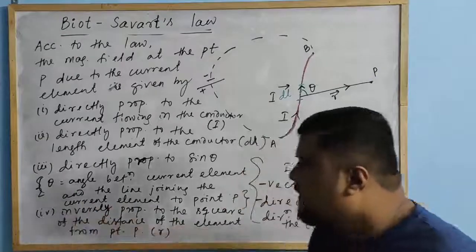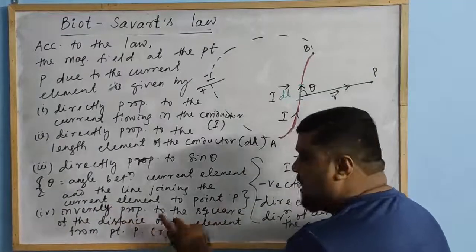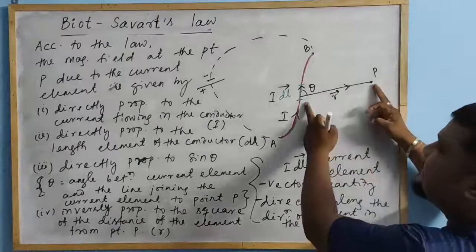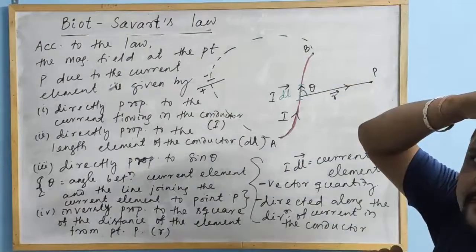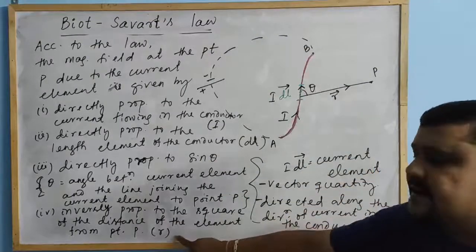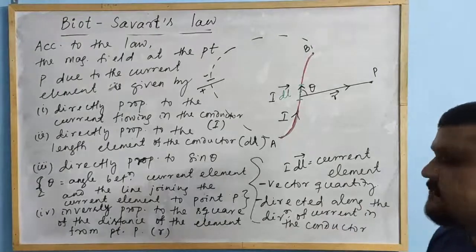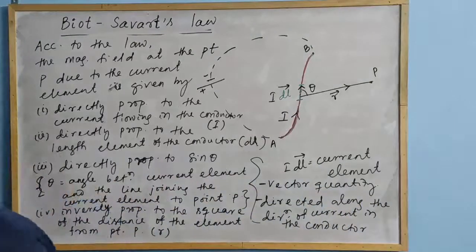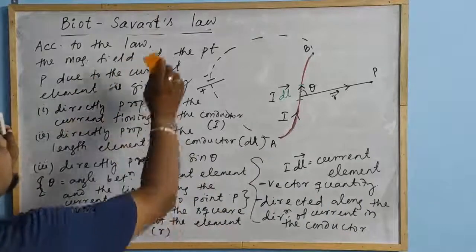Number 4, inversely proportional to the square of the distance of the element from point P. I am not considering the direction part, I will do that later in vector form. I am only considering the magnitude part. So this is inversely proportional to R square. Clear? Now combine all these things. Let me write.